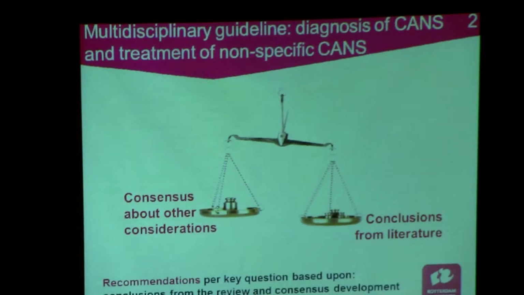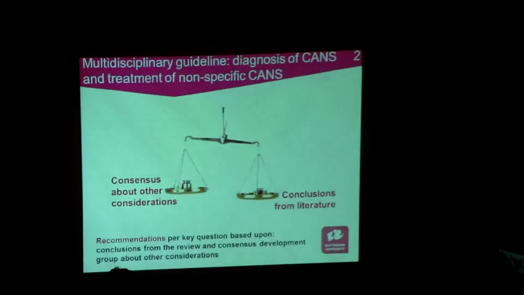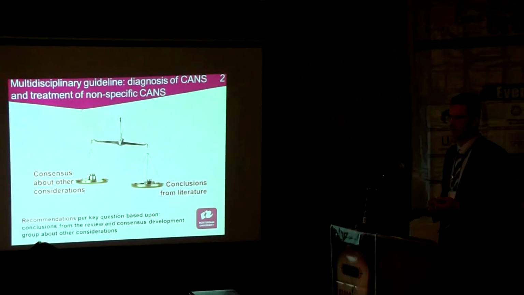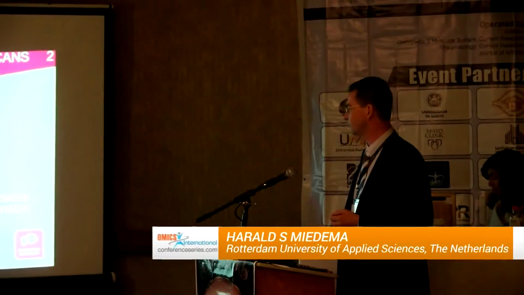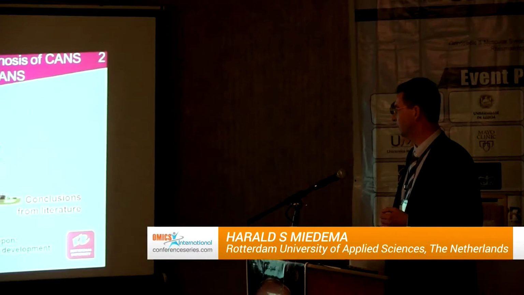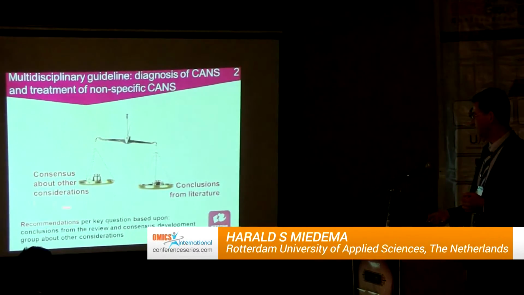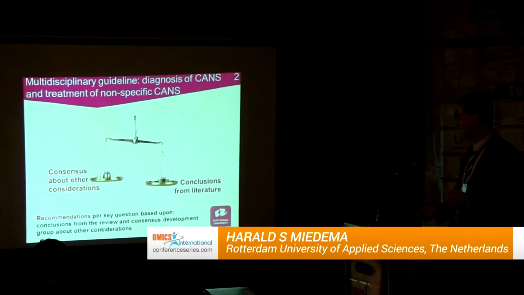When you have this review of the literature, of course you come up with conclusions from this literature, but you can't answer all the questions you have as a professional from the research that has been done, and especially in the field of non-specific CANS, much is still to be known and to be researched. There's not too much research out there. And there the multidisciplinary group comes in.